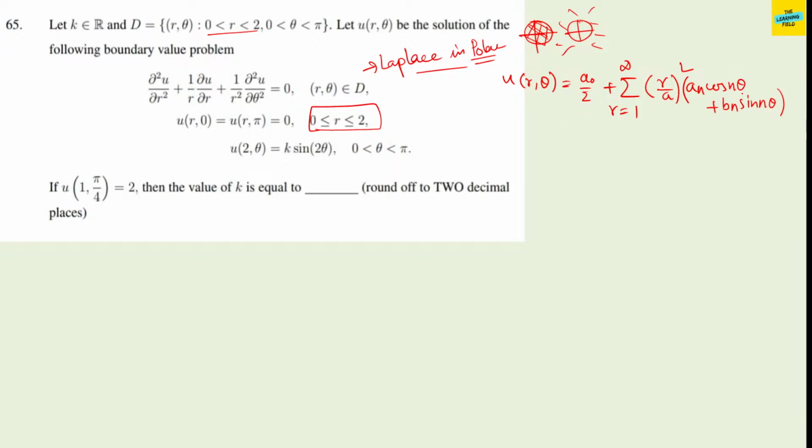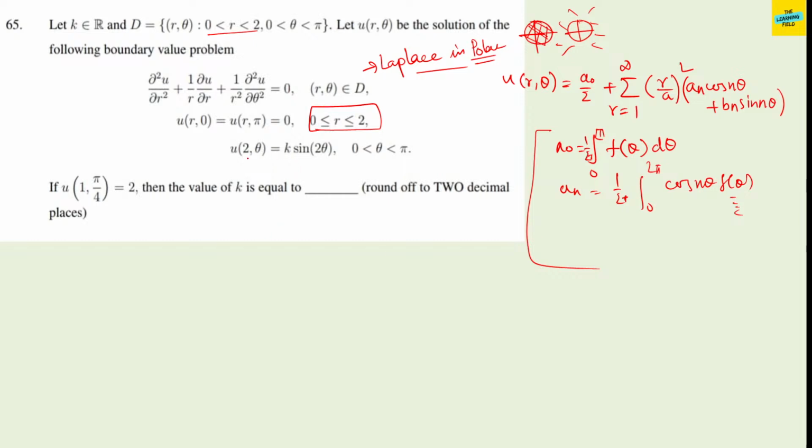And a0, a_n, b_n are calculated according to: a0 equal to 1 by pi integral 0 to 2 pi of f(theta) d theta, and a_n and b_n with cos n theta f(theta) d theta and sin n theta f(theta) d theta. But we are not going to calculate these things.